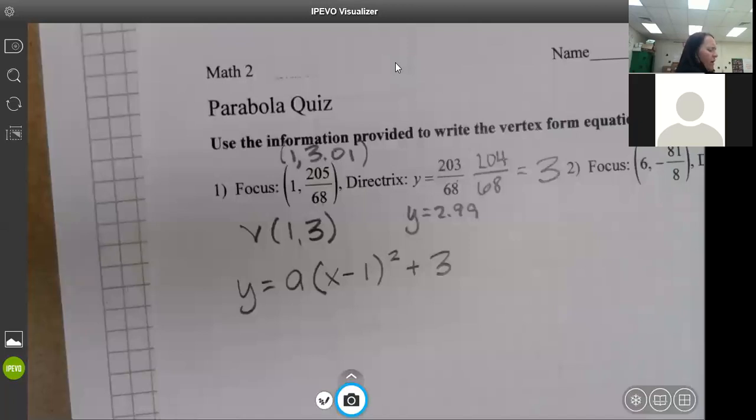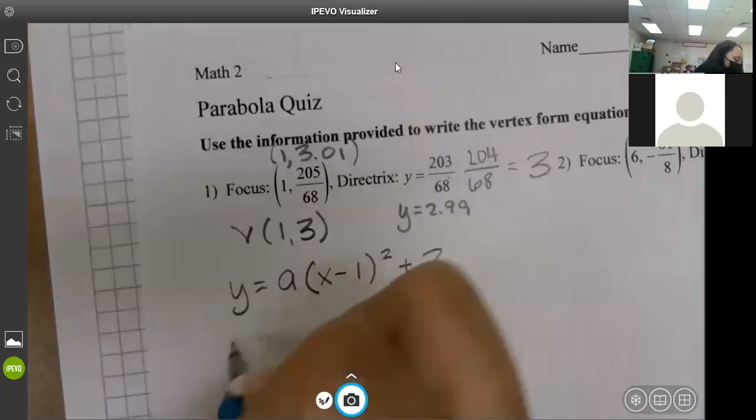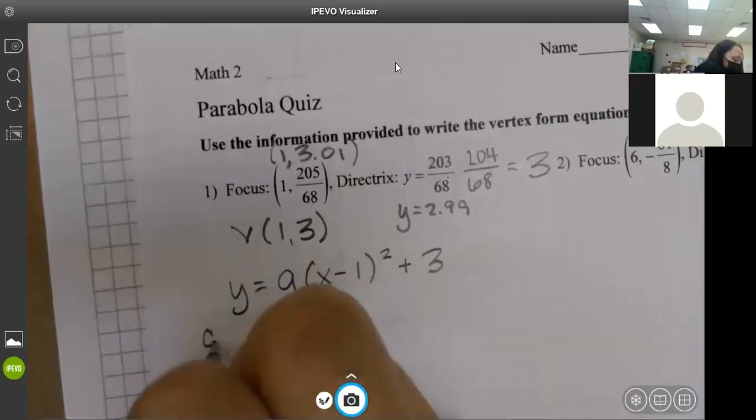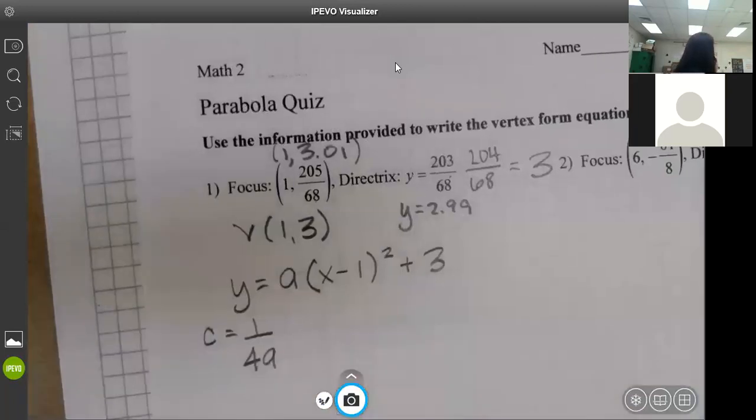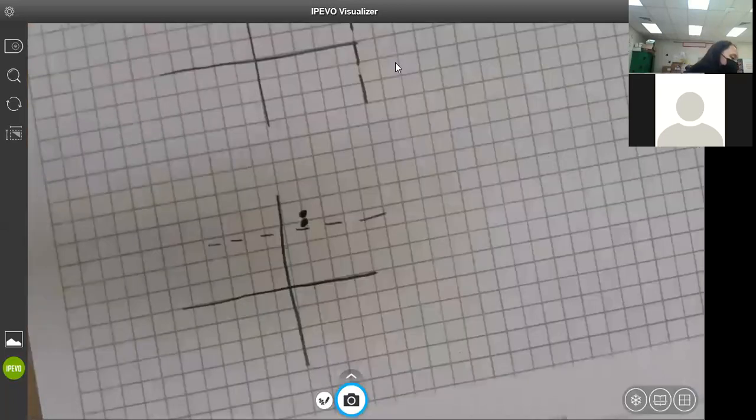So how did we figure out what A was? How did we figure out what A was in the last 2 days? Find the distance between the vertex and the focus. Is that right? Yes, you are absolutely right. We did C equals 1 over 4A, right? And remember, C is that distance right here.